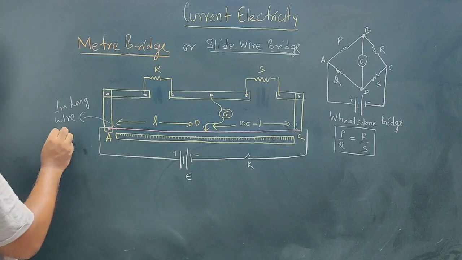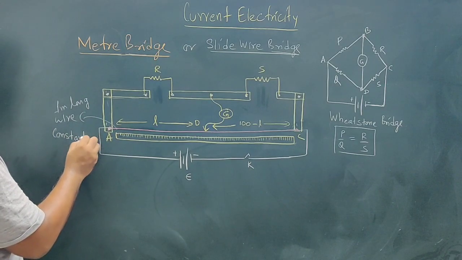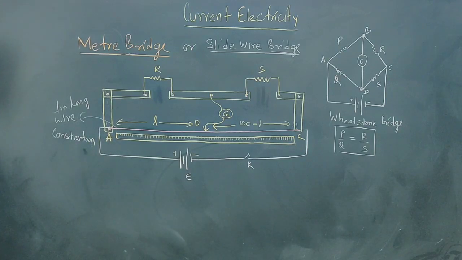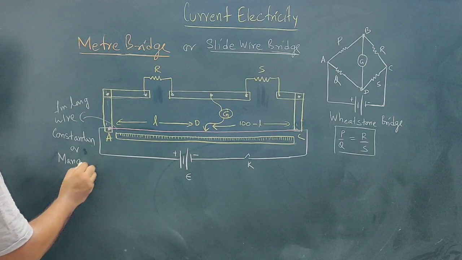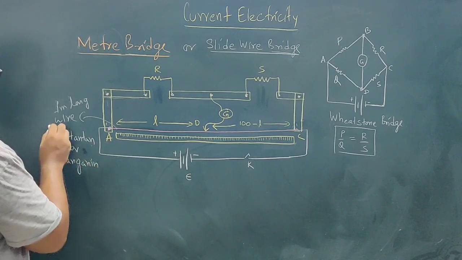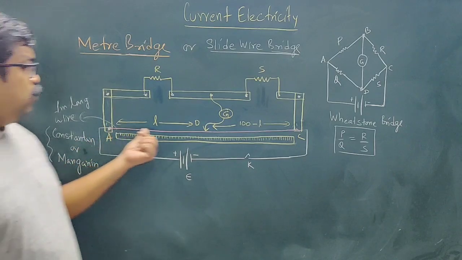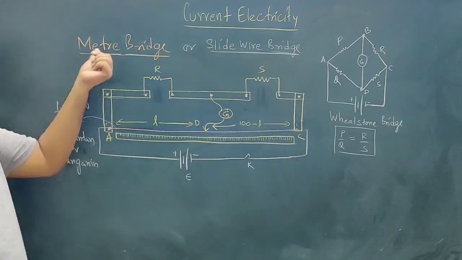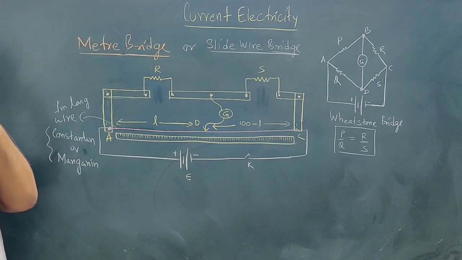Now this wire is usually of constantan, which is an alloy, or manganin. These two materials are used for the wire in the meter bridge. Why are these two materials used?